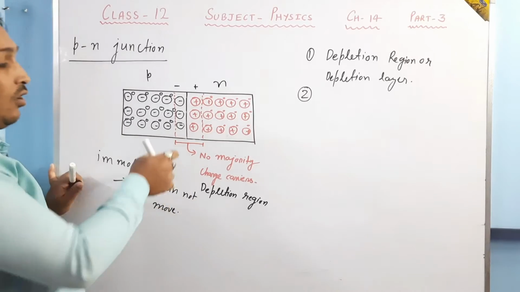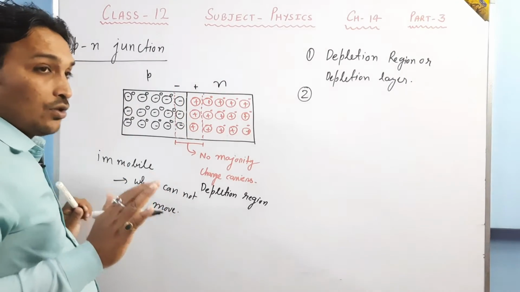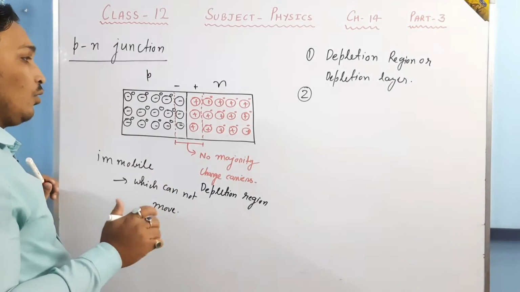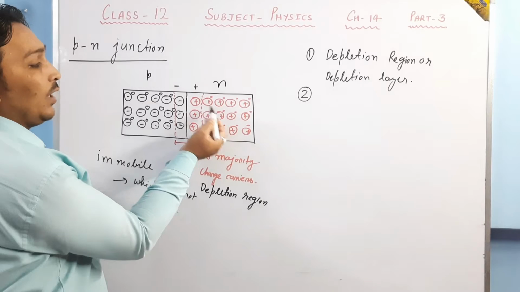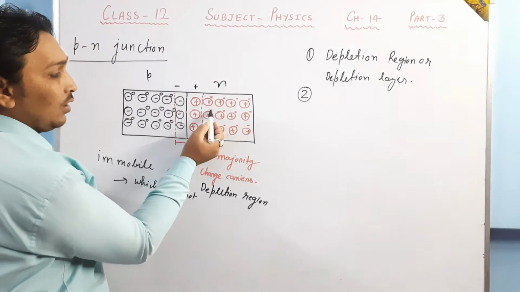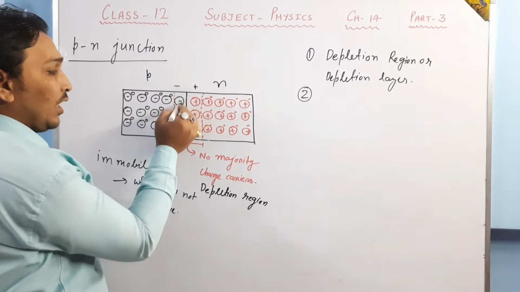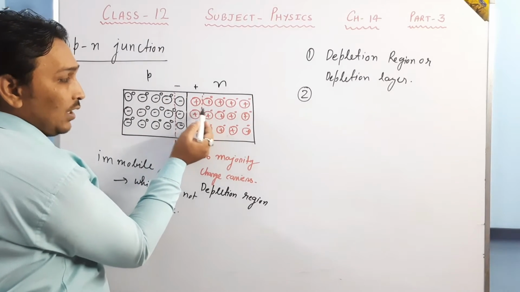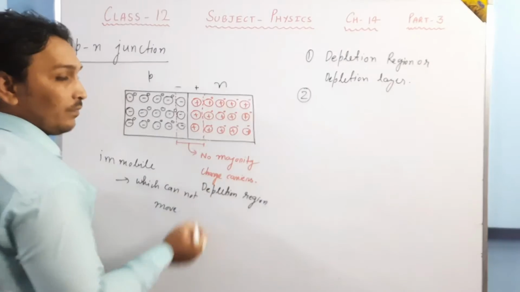So basically these positive and negative charges obstruct the flow of further electrons from n-type to p-type. If an electron tries to cross the junction, this negative charge will not allow it, because the negative charge will repel the electron.